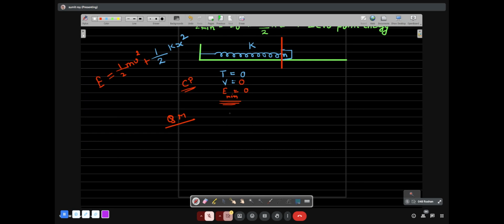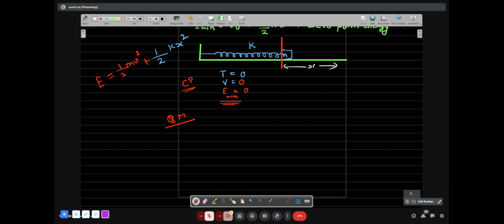Suppose the particle is displaced through a distance x from the mean position.